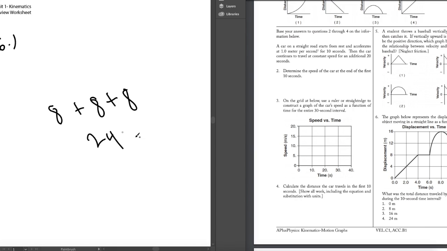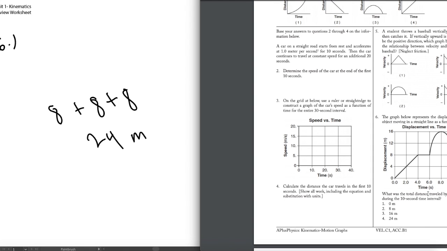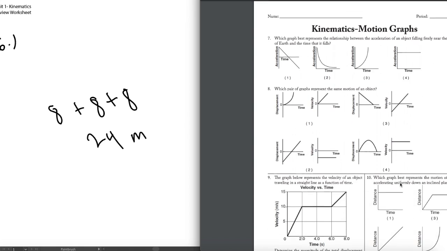The reason is we have 8 meters traveled here, and then we don't move. And we have another 8 meters traveled here, and then another 8 meters traveled there, which would be 8 times 3, which is 24 meters. That would be our distance. Our displacement would be 8, but they're asking for distance.